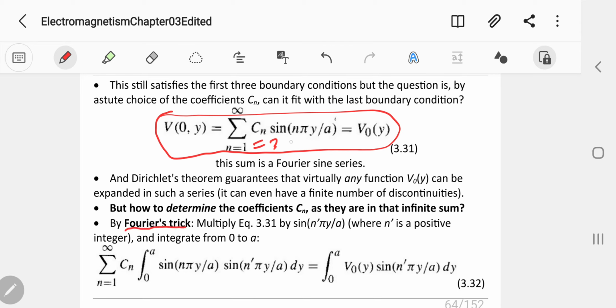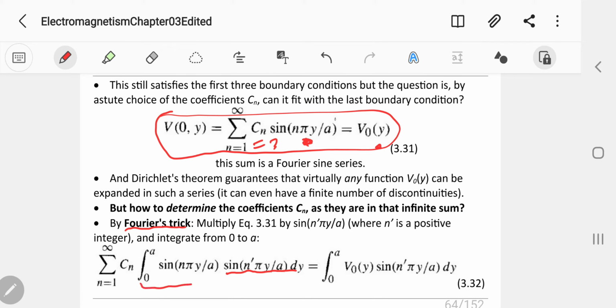You can multiply and integrate. You can multiply sine n pi y over a on both sides here. So you have to multiply on this side and on this side, and then integrate with respect to dy.